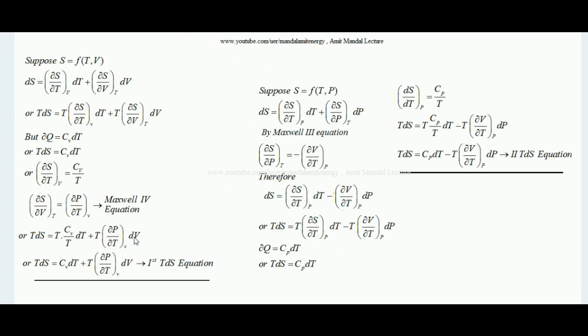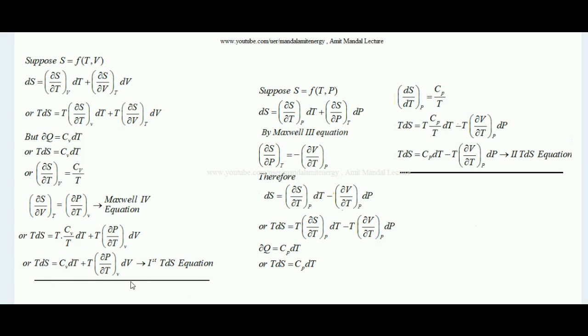Keeping those values, ultimately I get this expression. Now T can be cancelled out, so ultimately we get TdS equals Cv dT plus T del P by del T at constant v dv. This is what is called the first TdS equation.